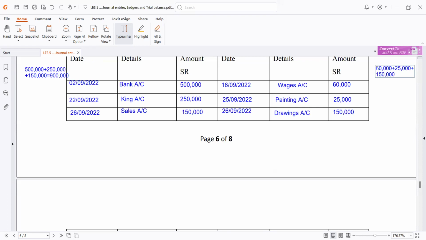Using a calculator, 60,000 plus 25,000 plus 150,000, you get 235,000.